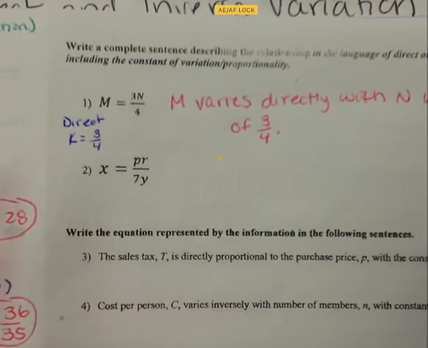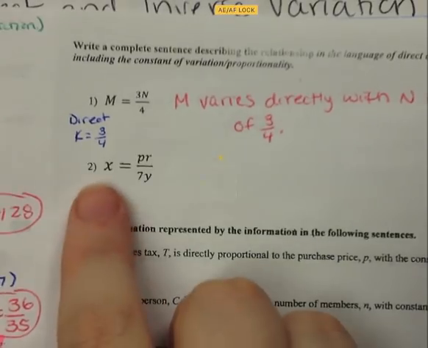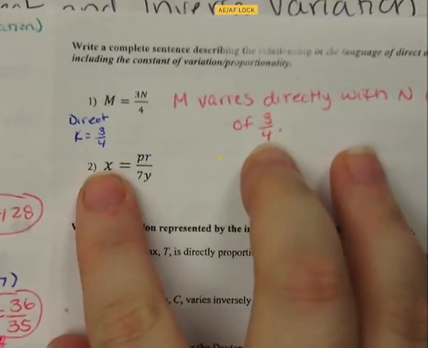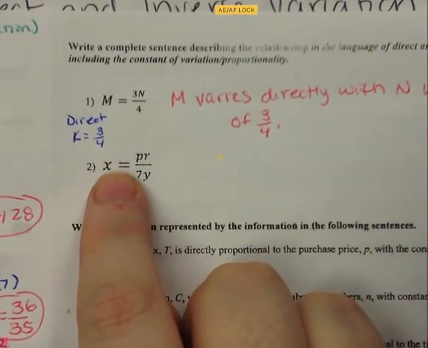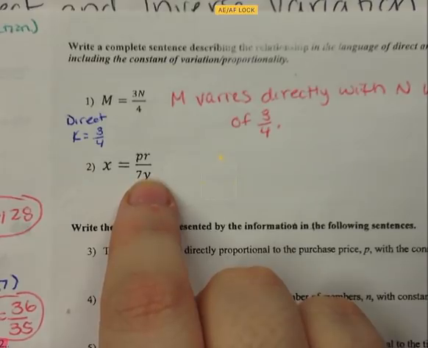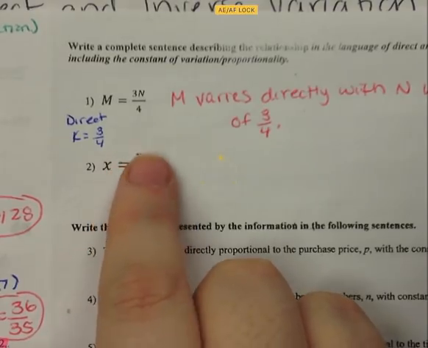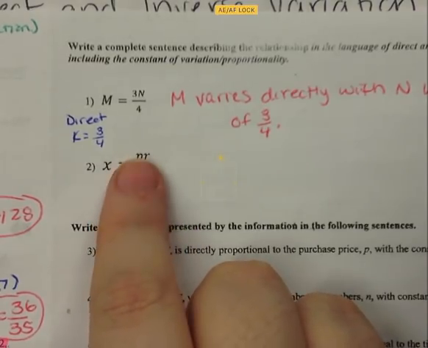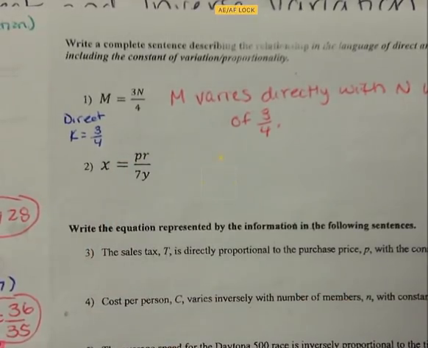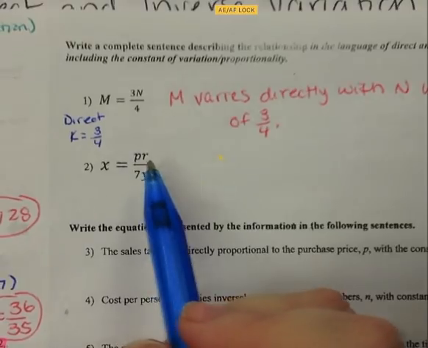So that is correct. On number 2, we have one variable by itself, and we have no addition, subtraction, so that means we can determine this. Now, x varies is what it's going to say. Now, we have 3 different variables going on here. So we have to talk about p, r, and y. If you notice, the p and r are both on the top. So p and r are both direct variations.